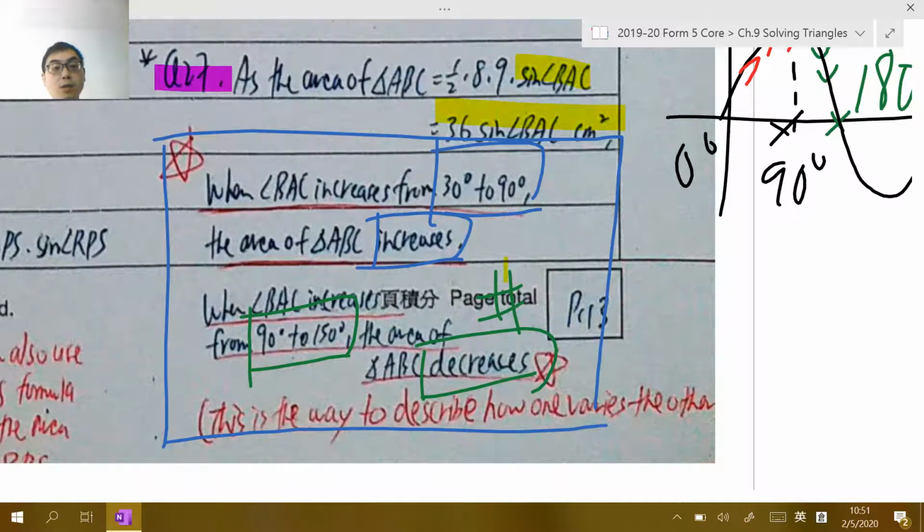This is what we mean by describe how one varies with the other. Keep in mind how to present this, because it is very common in DSE, especially in the next chapter, three-dimensional problems. We always ask you to describe the changes of one to the other. Keep this in mind.